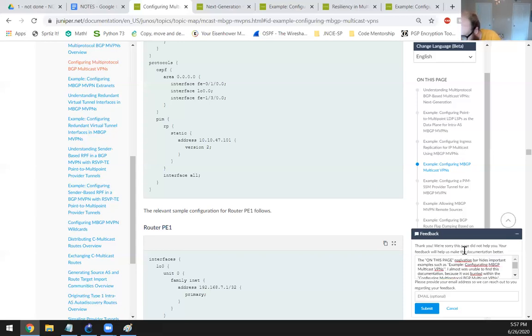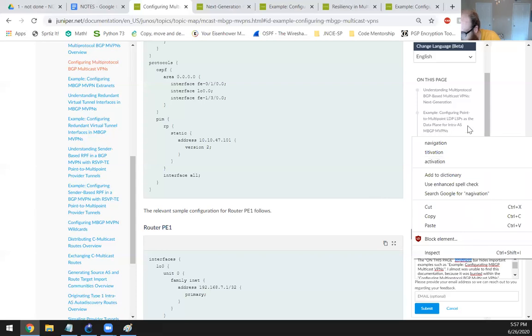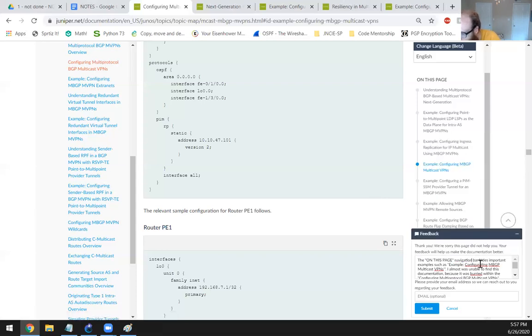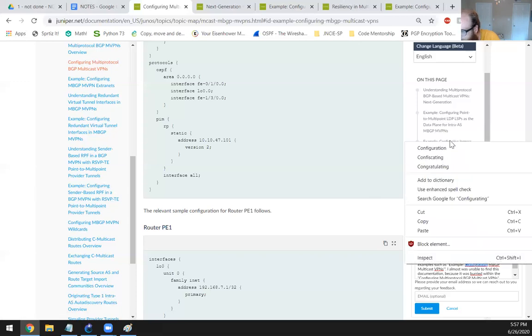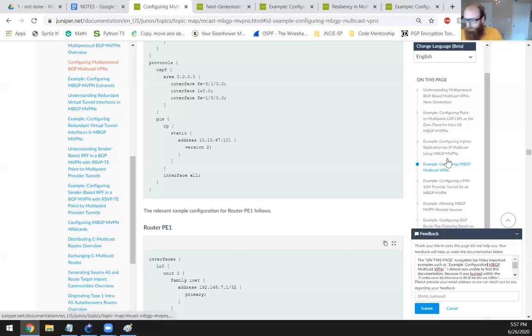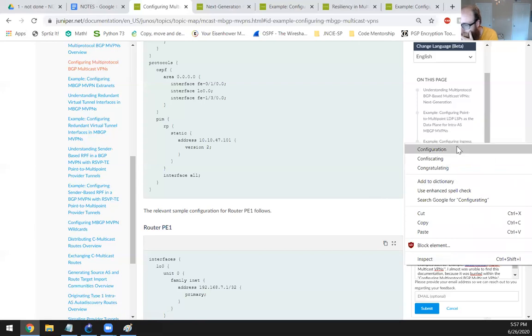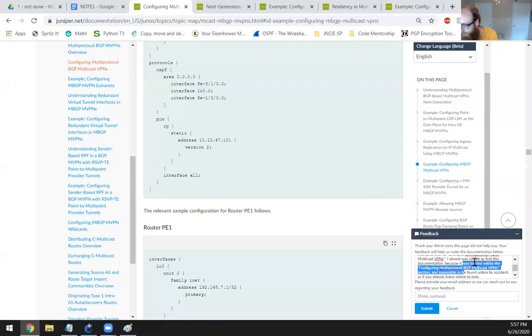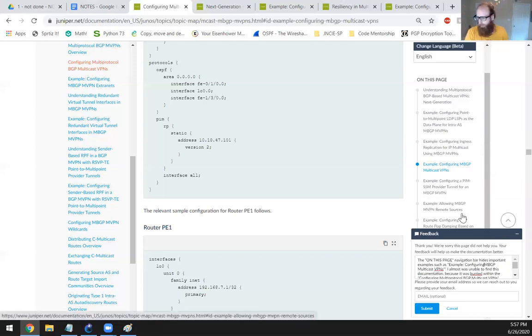All right, so the on this page navigation bar hides important examples such as example configuring MBGP multicast VPNs.